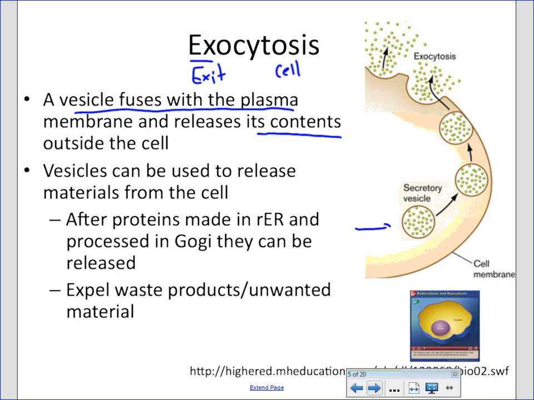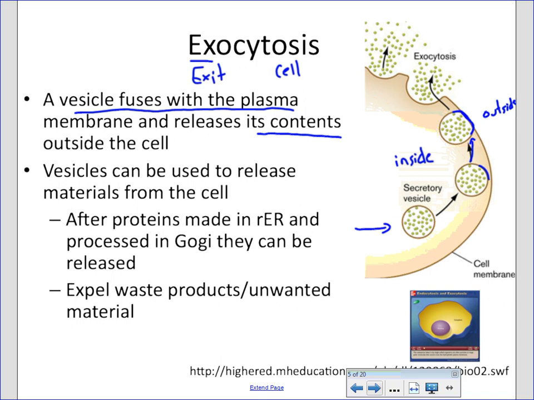The diagram demonstrates this process of exocytosis. If we have a secretory vesicle that has contents to be released to the outside of the cell, if we consider this the inside of the cell and this the outside of the cell, that vesicle is going to move towards the plasma membrane, and the membrane of the vesicle will start to fuse or merge with the phospholipids of the plasma membrane.